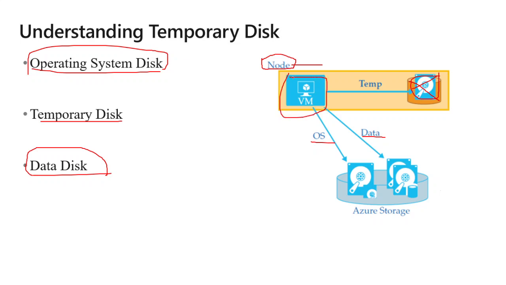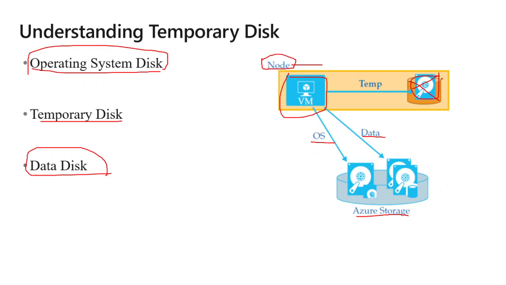All right, but the virtual machine data, operating system data, database file, any configuration, or any data disk, I'm not storing on the physical machine. I'm storing it in a different service that is called Azure Storage Service, right?